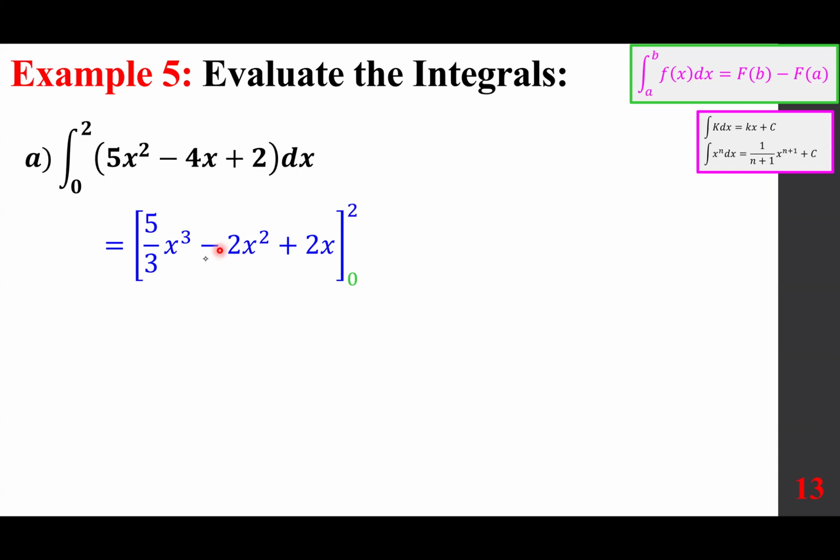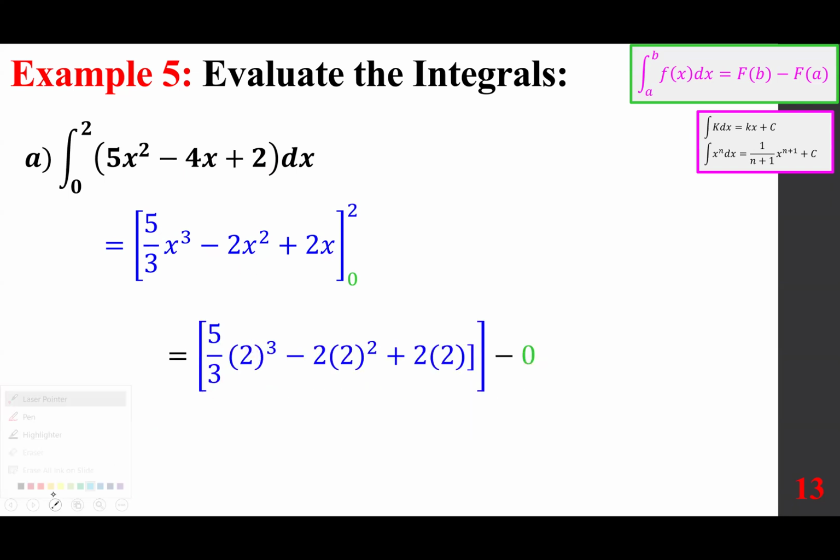So let's plug in 2. 0, because each one involves 0 gives you 0. Now, what is this? This is 8. This is 4 minus 8 plus 4.